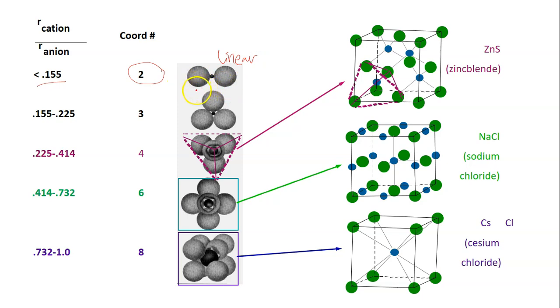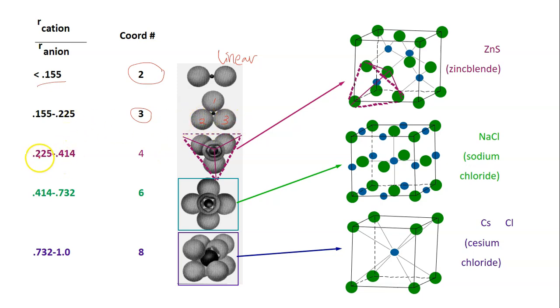If the ratio is between 0.155 and 0.225, the coordination number for the cation is 3, and it means that each cation is surrounded by 3 anions in a sort of planar triangle.